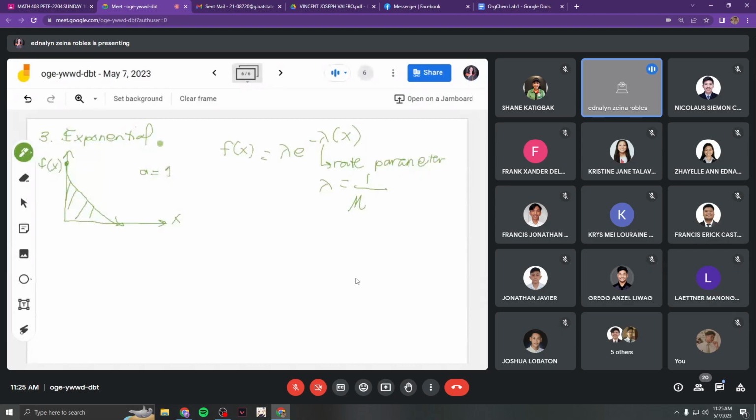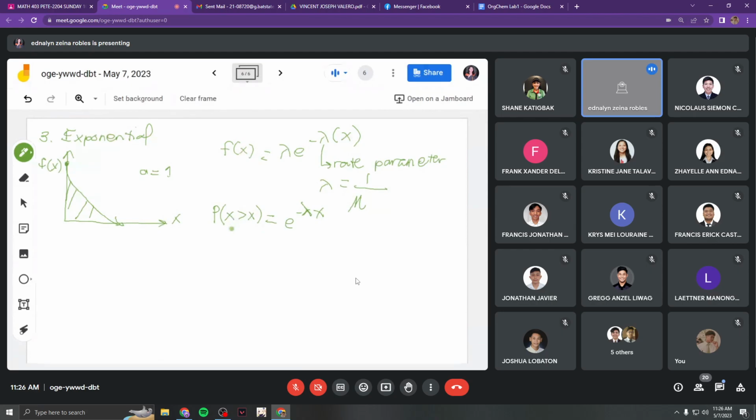But if we want to get the probability on the left side of the curve, remember this, it is equal to e raised to negative lambda x. Let me repeat.